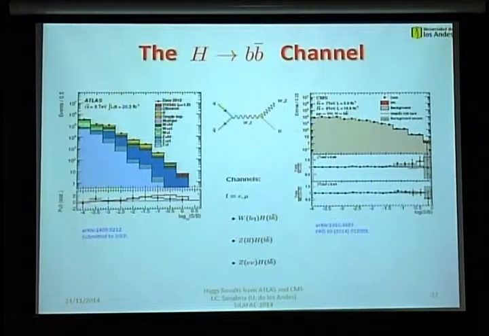So in order to kill all the background, one must try to tag that Higgs, for example, with the presence of a vector boson, like the Feynman diagram here shows, and then do a similar kind of study in which you try to search for an excess signal over the background after very careful studies of background, both with data and Monte Carlo.